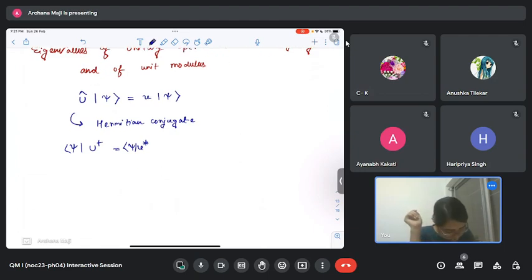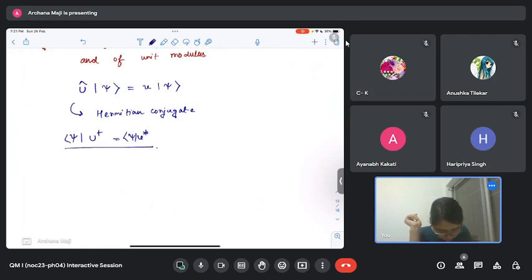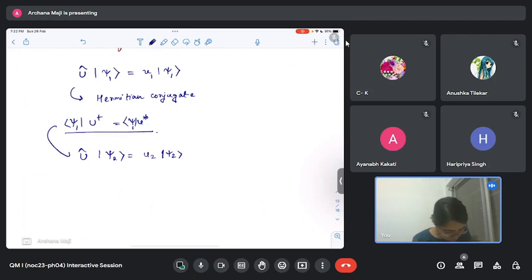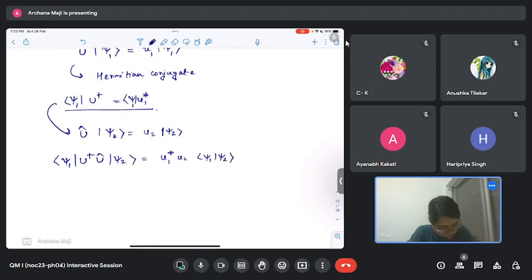Okay. Suppose another vector, call it psi 1, so this when I psi 2 star U2, so what do we get?